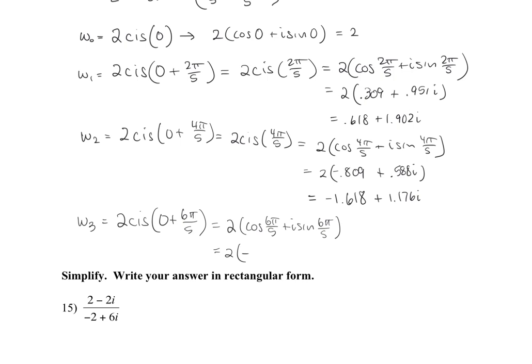So cosine of that is negative 0.809, and the sine is negative 0.588. That's just going to be the conjugate pair for this one. So we're going to have negative 1.618 minus 1.176i.